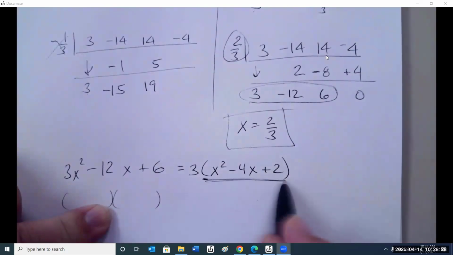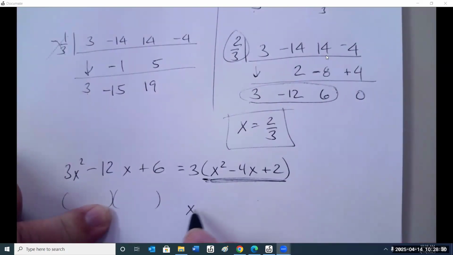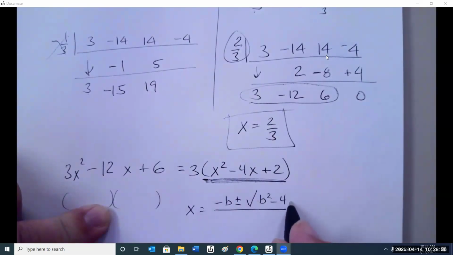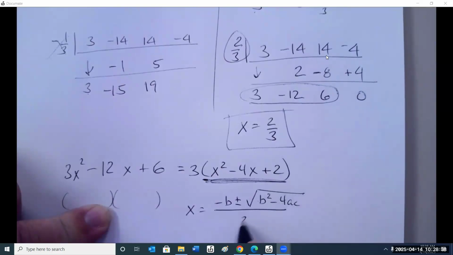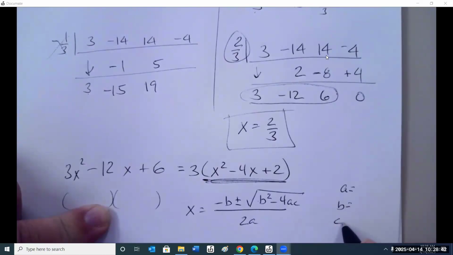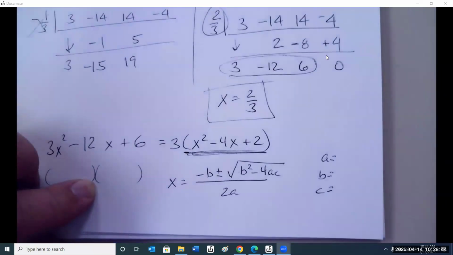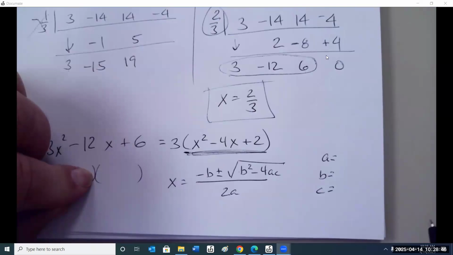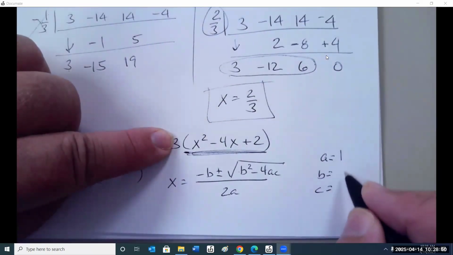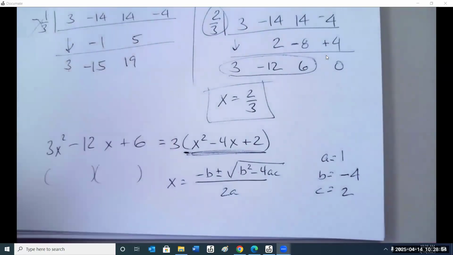So we have to take this equation and put it into that. A is 1, B is, let's see.